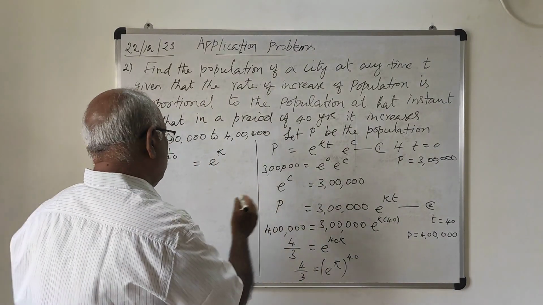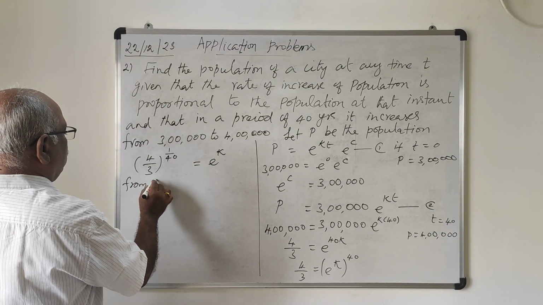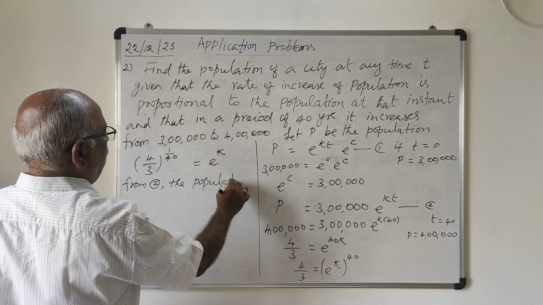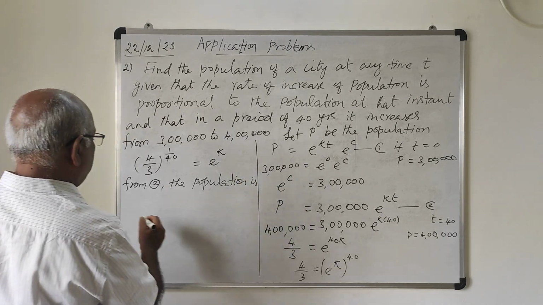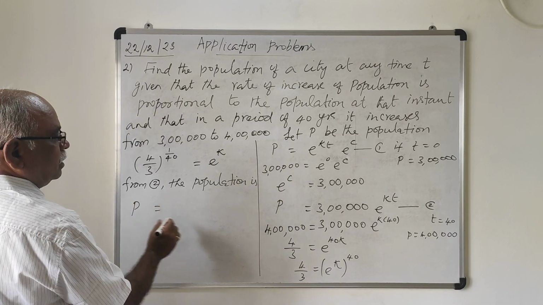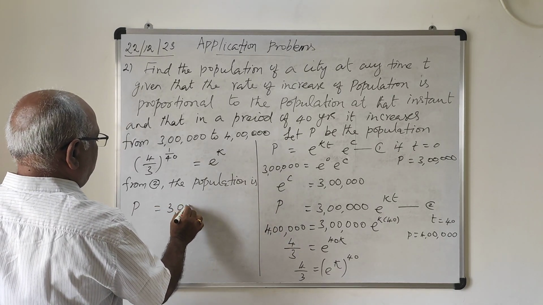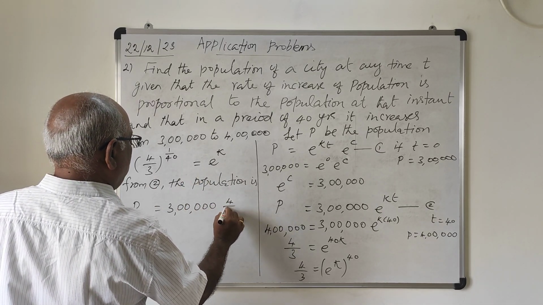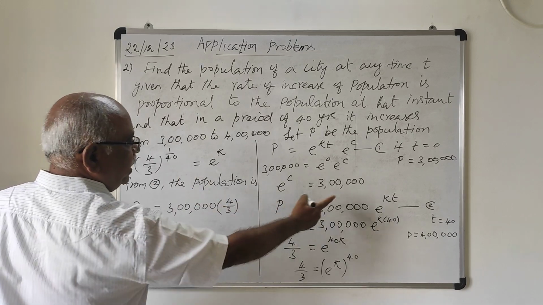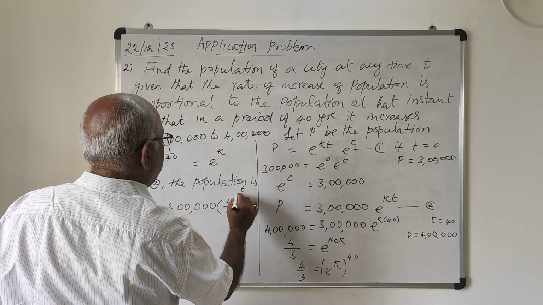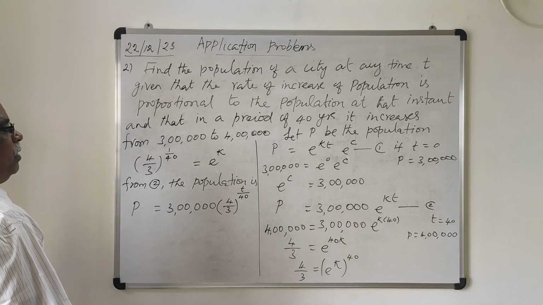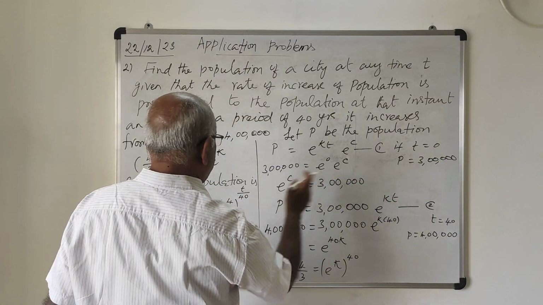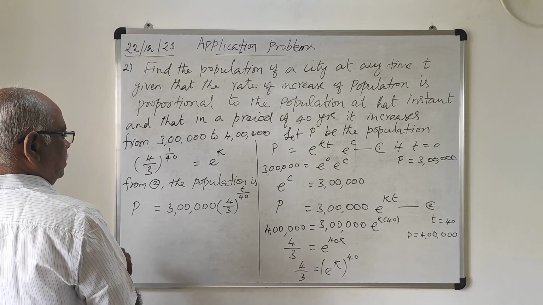Therefore, from equation 2, the required population is p equals 3 lakhs into e power k, where e power k is 4 by 3 whole power 1 by 40, into t, that is t by 40.